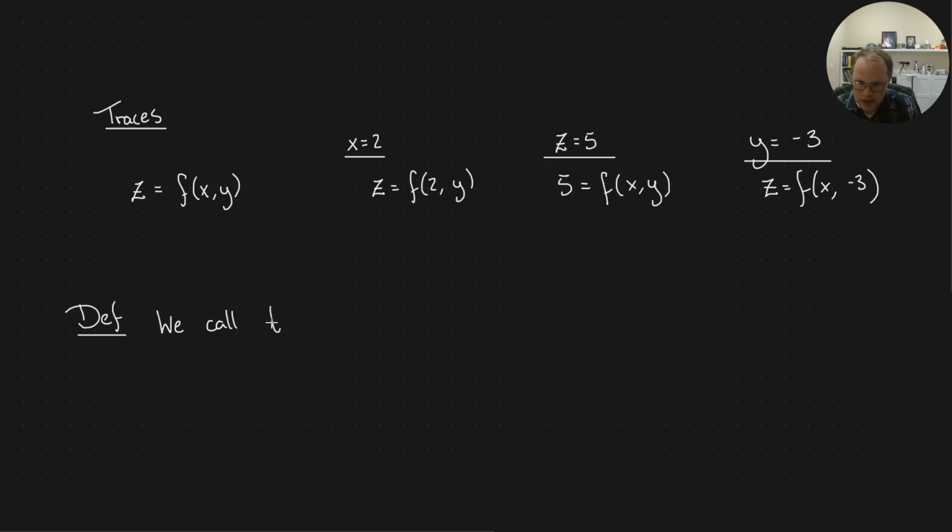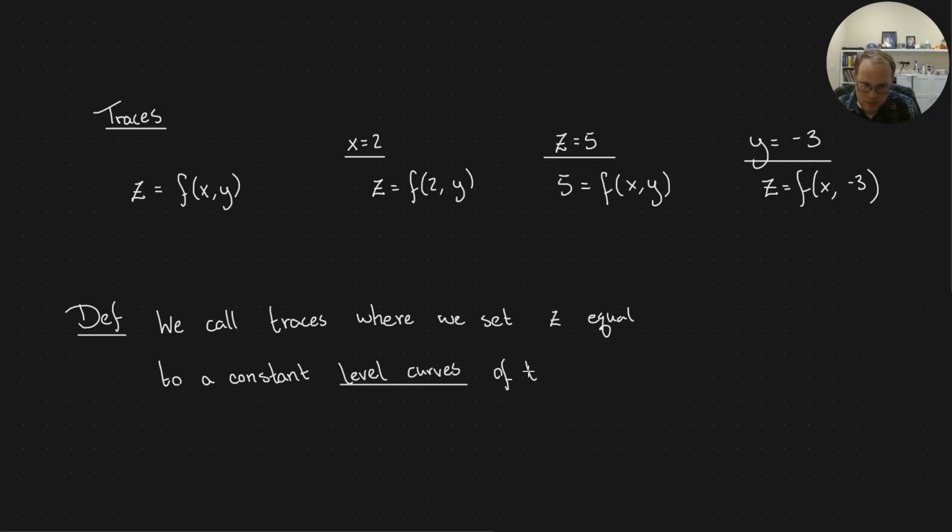We call traces where we set z equal to a constant level curves of the function.